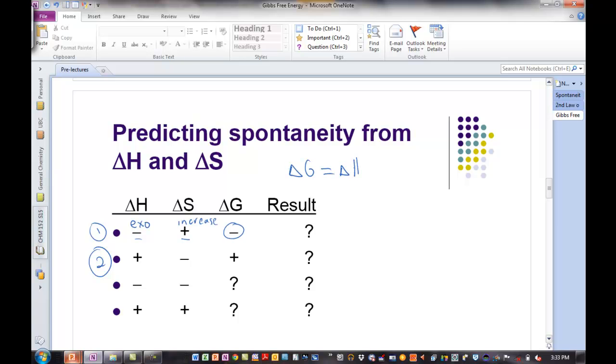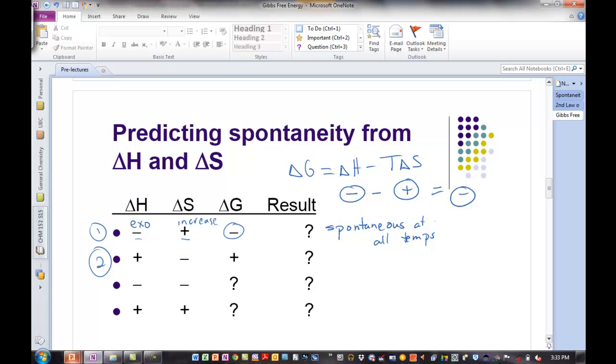Look at our free energy change equation. If we have a negative delta H minus a positive delta S, we will always get a negative delta G. So this reaction is spontaneous in the forward direction at all temps.